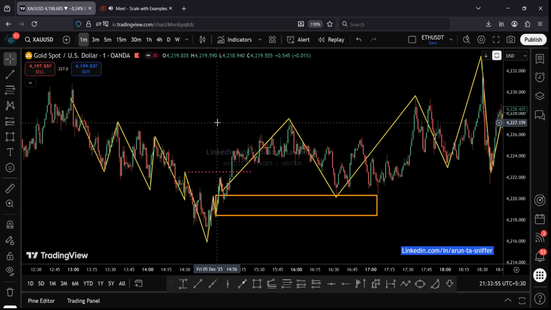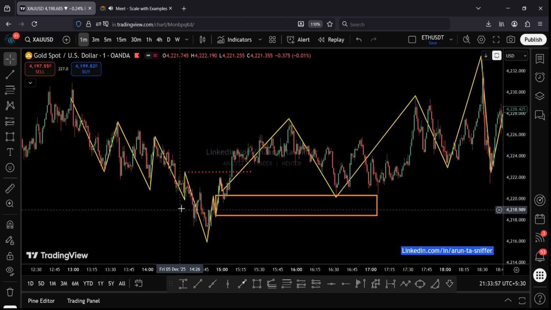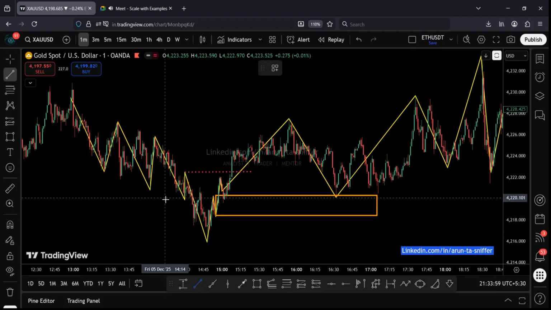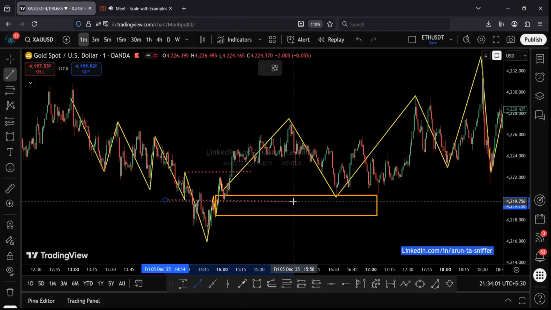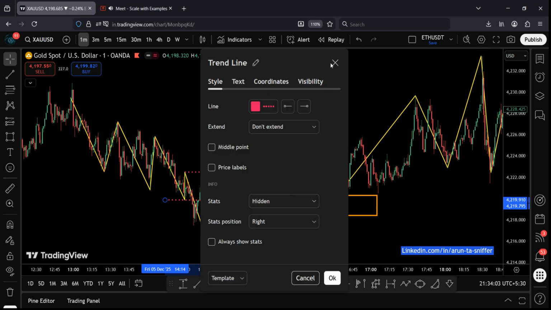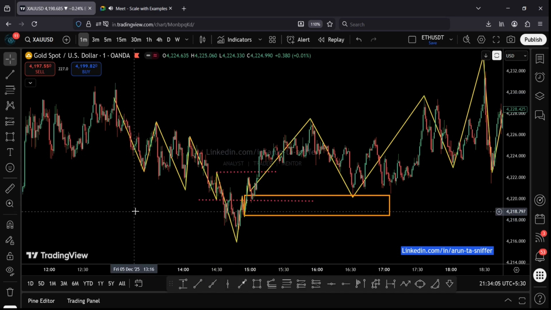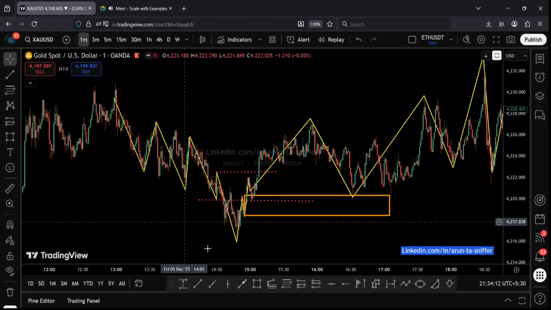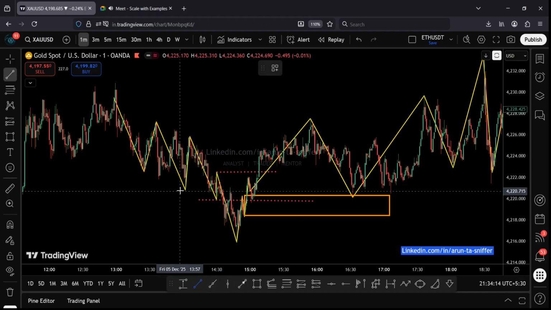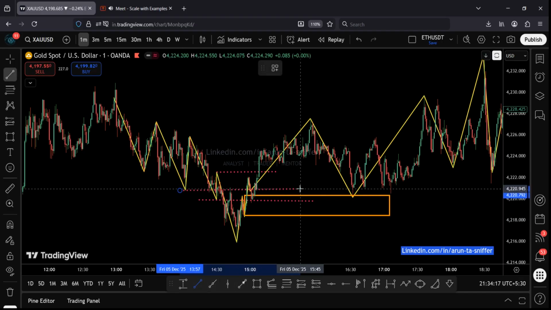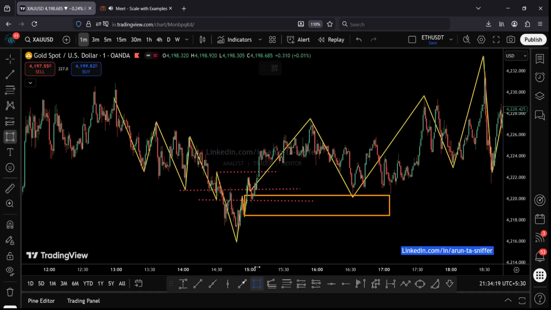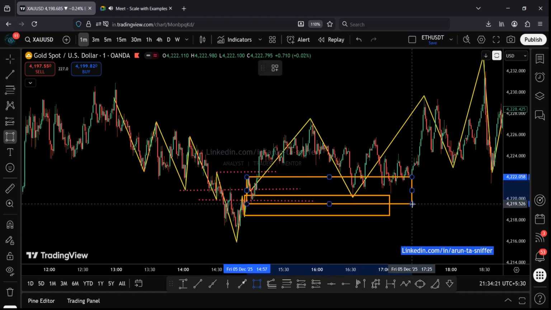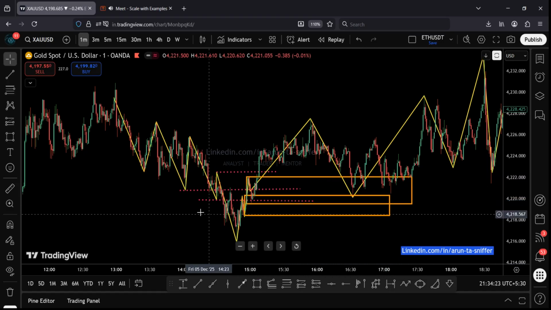The LSK or DP is here. And coincidentally, for this low, the DP is also almost in the same zone. So this covered this as well.